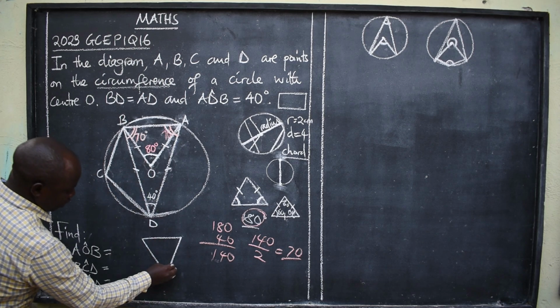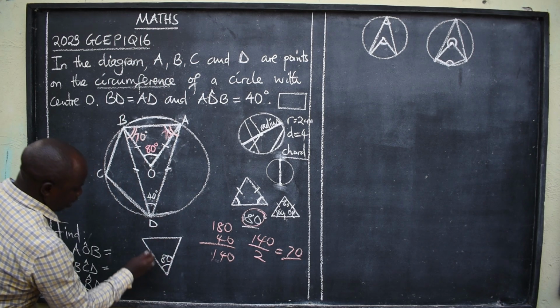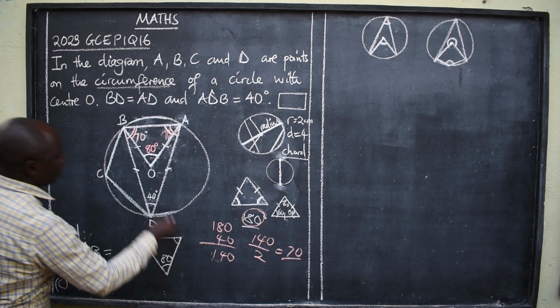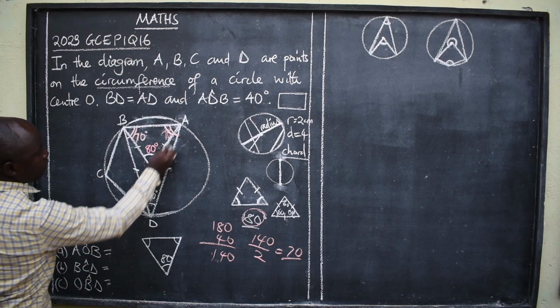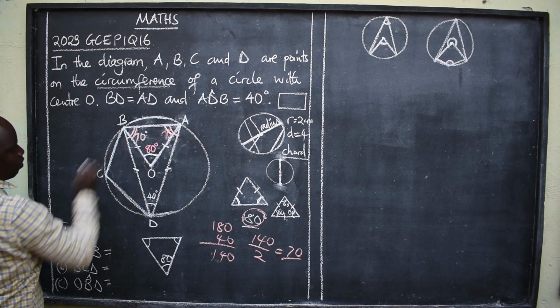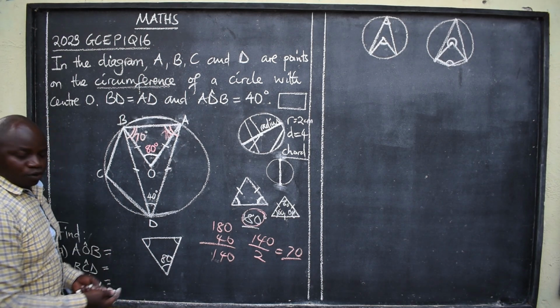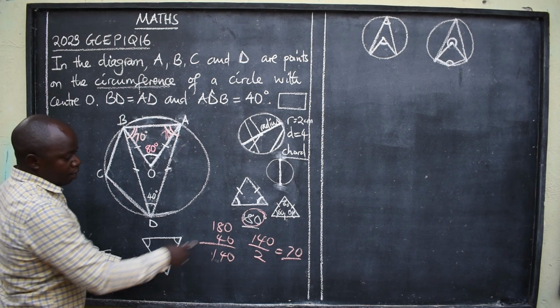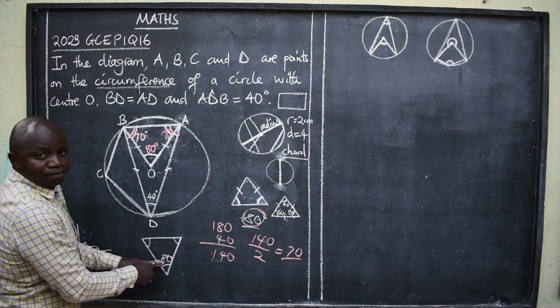So here it is 80. I want this and this, that will be equal. So from this small triangle inside here, I want this. What will be that? 180 minus 80. It will be 100.